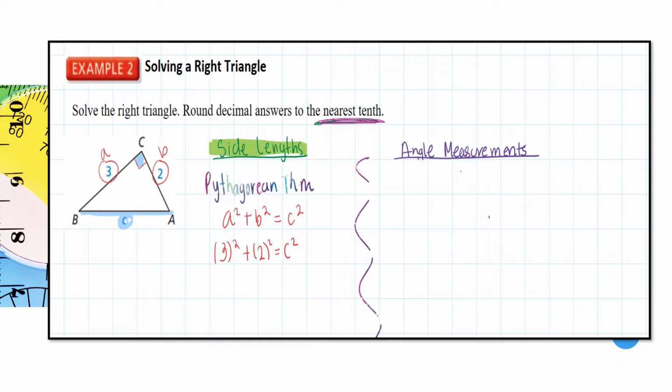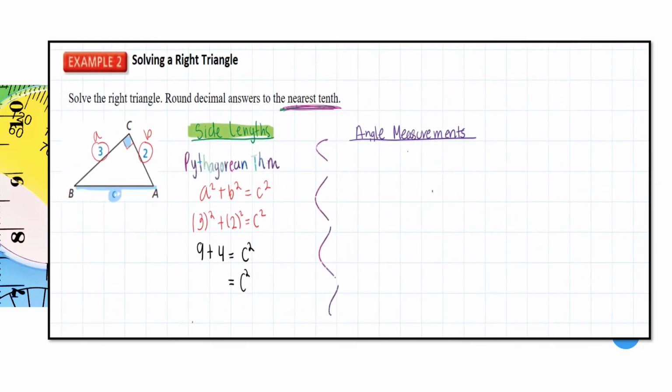Let's simplify the equation that we have here. Squaring our legs gives us that. We are going to sum them up. Then we don't want c squared, we're looking for c, so take the square root of both sides.